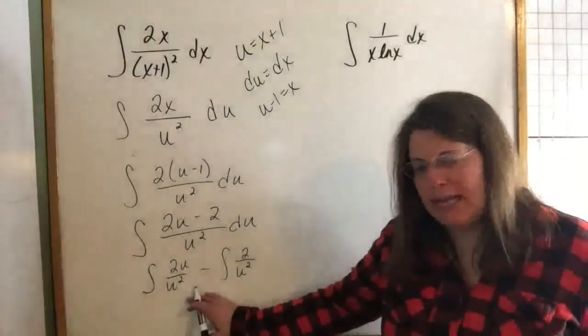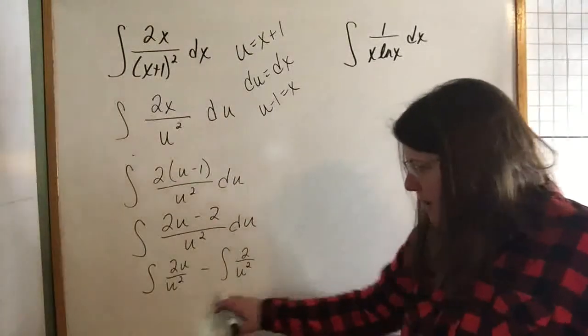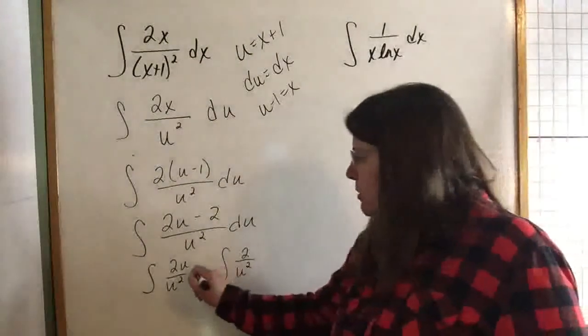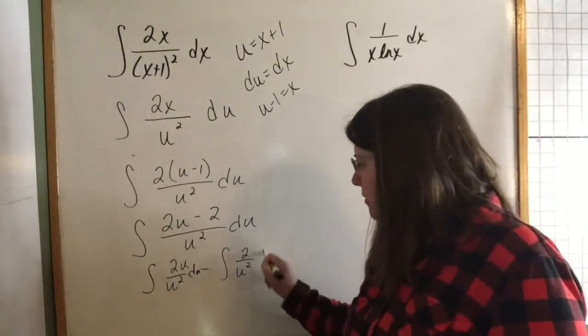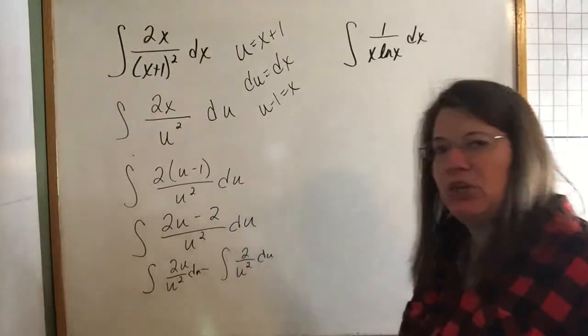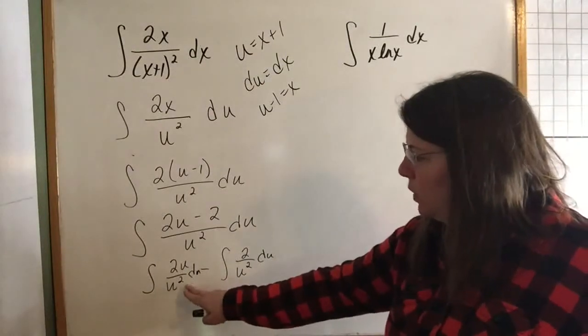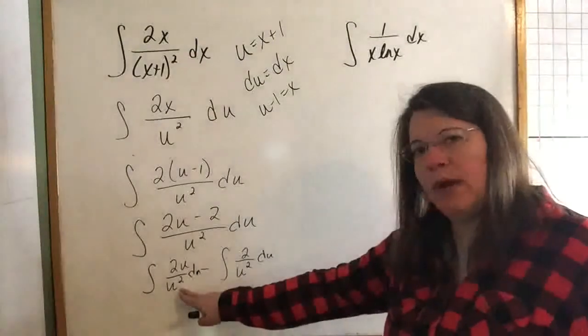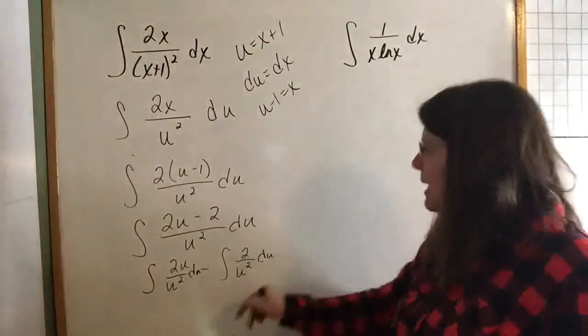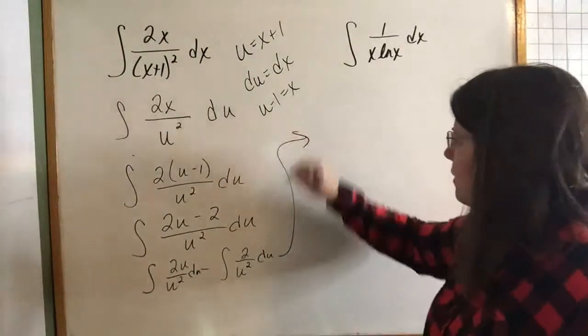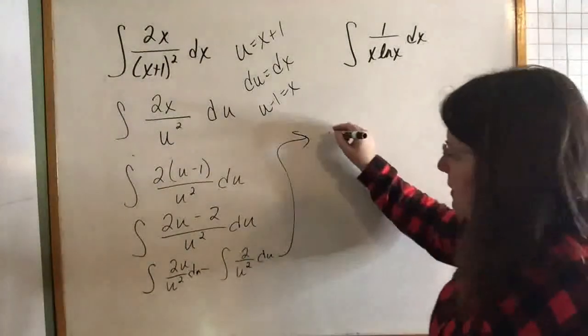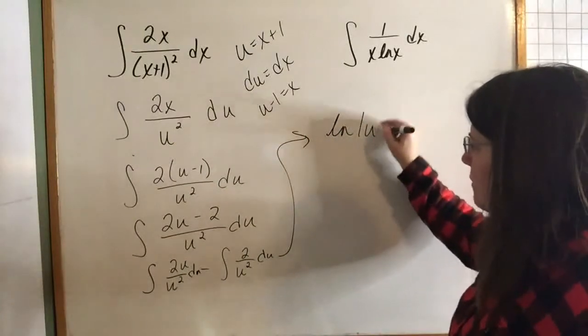And so if I try to integrate these two pieces separately, now I really should put the du here and here because they both have a du there. If I try to integrate this, well, isn't 2u the derivative of u squared? So wouldn't that be the natural log of the absolute value of u squared?